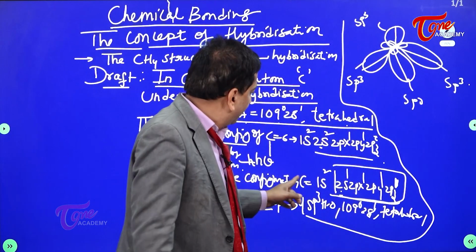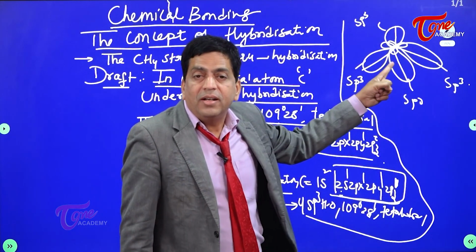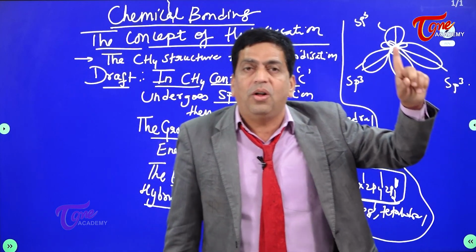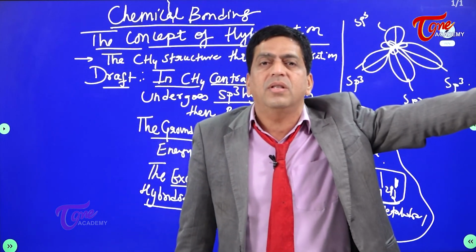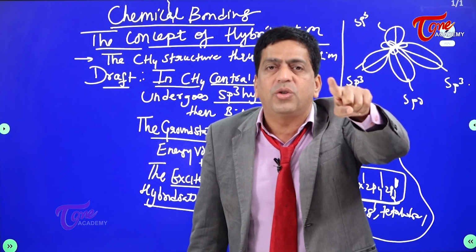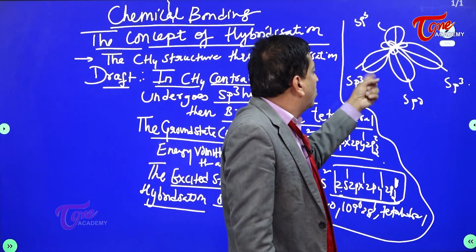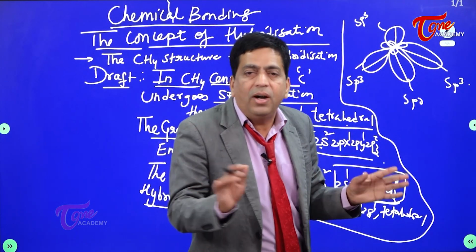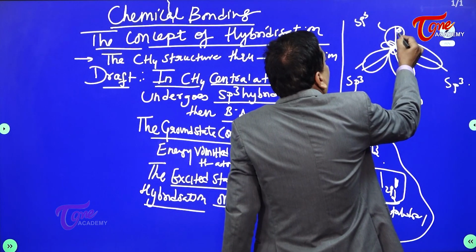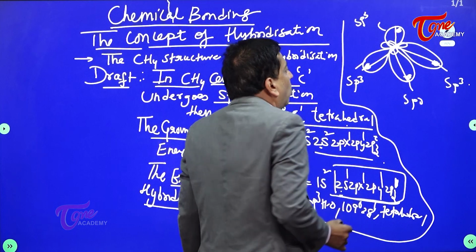Count it. 1, 2, 3, 4. And the 4 need to be distributed here. And follow Hund's rule. All the rules applicable to atomic orbitals are applicable for hybrid orbitals, you must understand. So all the 4, if you wanted to fill, you can't fill like this, 2 here, no. It should be half filled. Look here. 1, 2, 3 and 4.